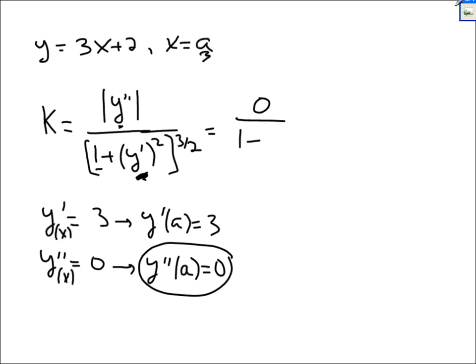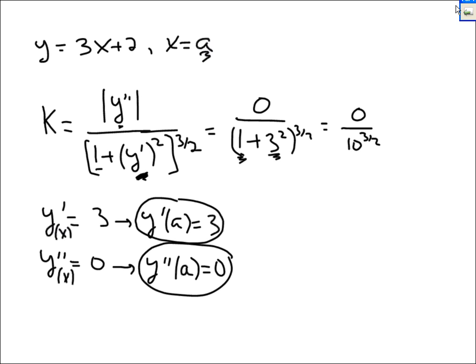But in any case, we get 1 plus y prime of A, which is 3, squared, and all of this to the 3/2 power. You want to work it out: this is 9, plus 1, so you get 10 to the 3/2 power. But the numerator is 0. The curvature is 0.